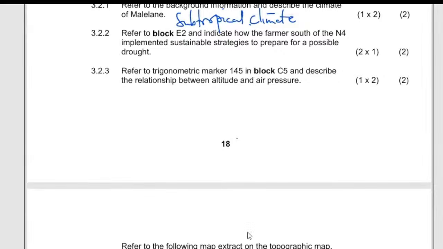If you check there, you will find that if there's evidence of dams, it's a strategy to deal with the drought situation, or if there is evidence of wind pumps, it's also a strategy to extract groundwater to deal with the problem of water shortages. That is what you need to check there.